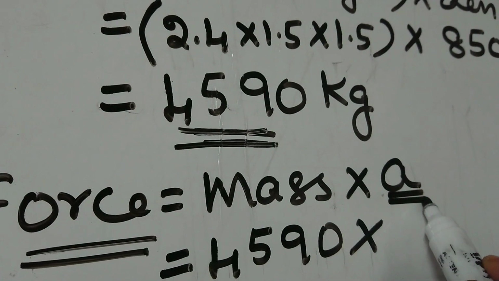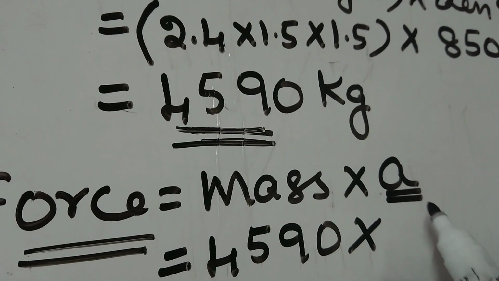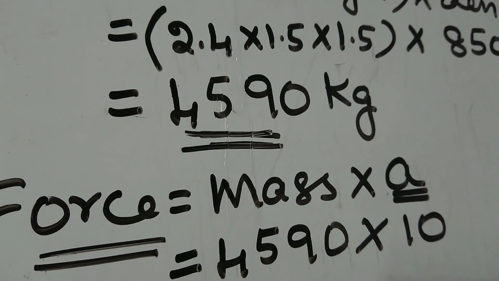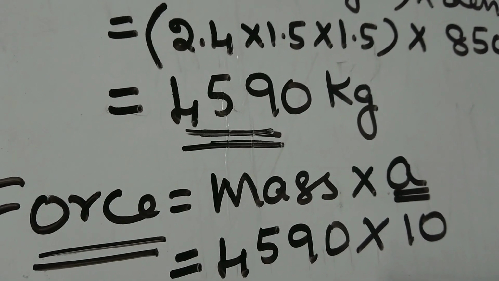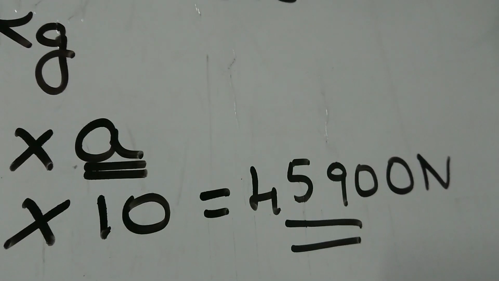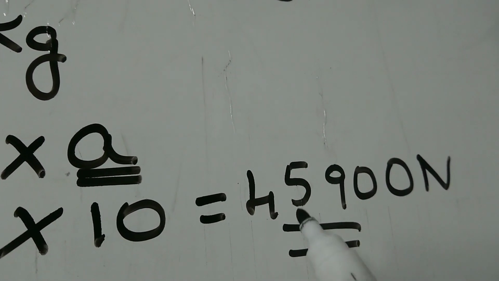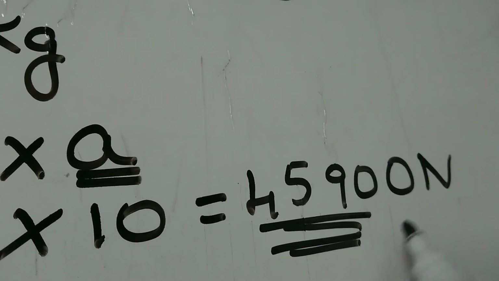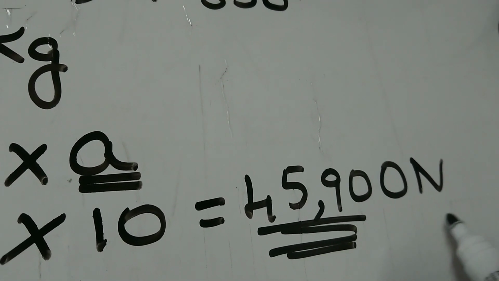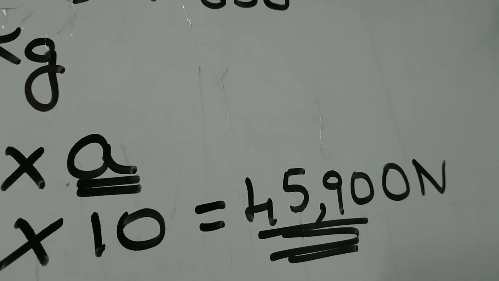Here acceleration is nothing but our g value. That is acceleration due to gravity, which is 10 meter per second square. So when you multiply, you get 45,900 Newton. The SI unit for force is Newton.